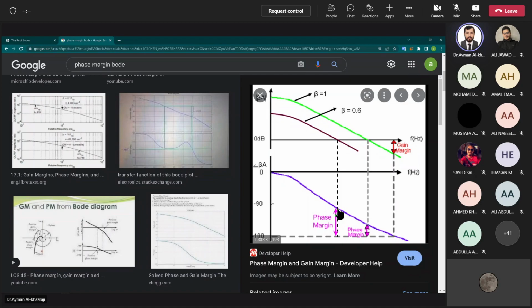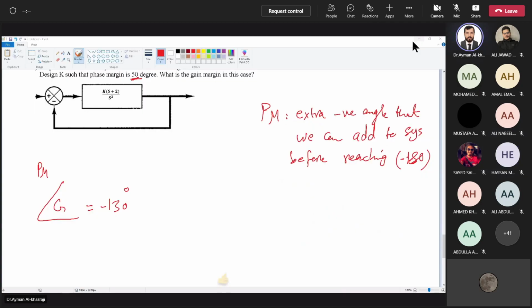So I can understand that at this point, if the phase margin is 50, it means this angle is minus 130. Do you agree or not? Yes. So my angle is minus 130. Good.